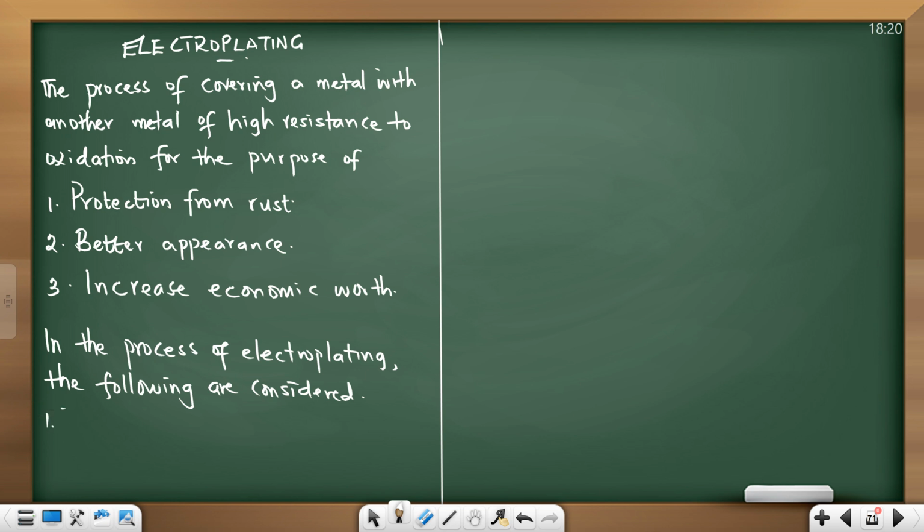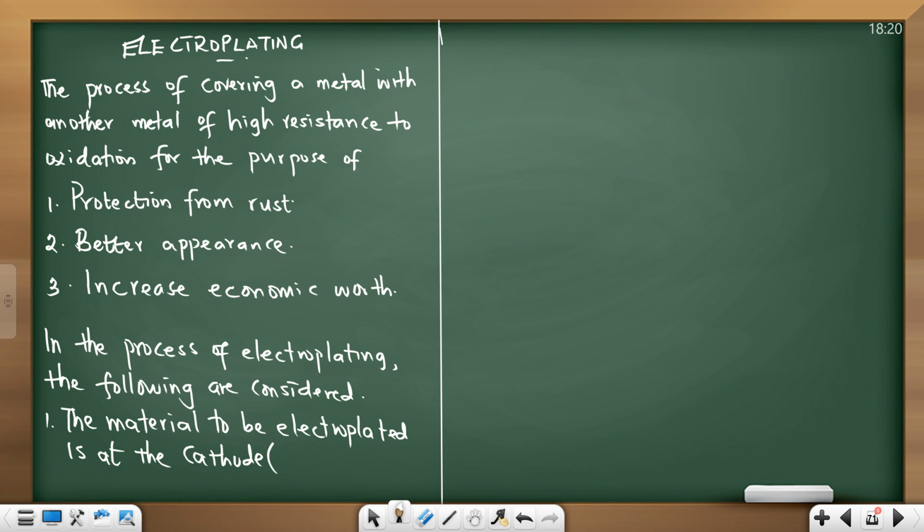1, the material to be electroplated is at the cathode, the negative terminal.